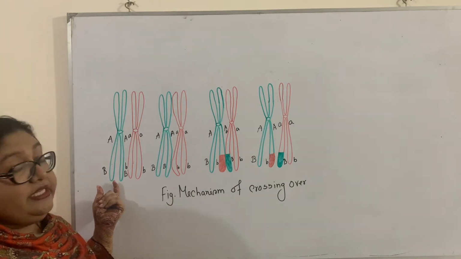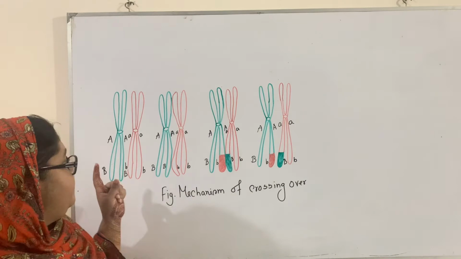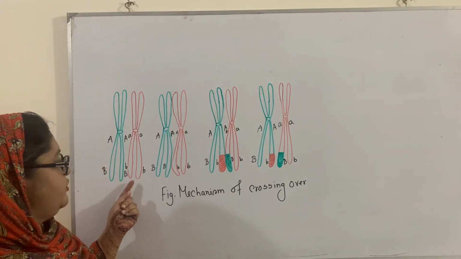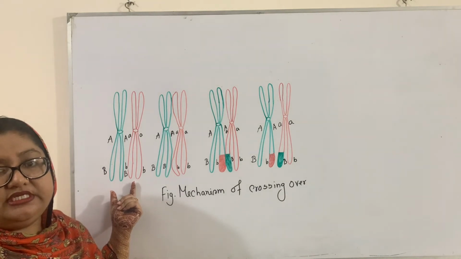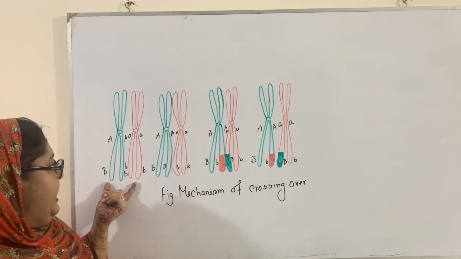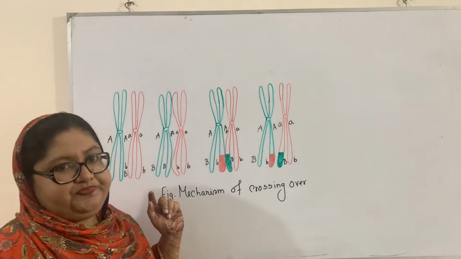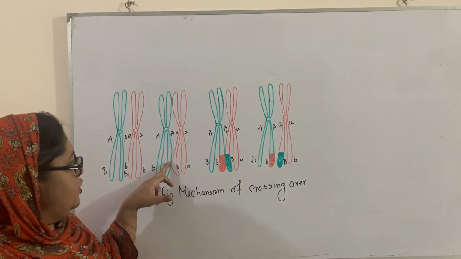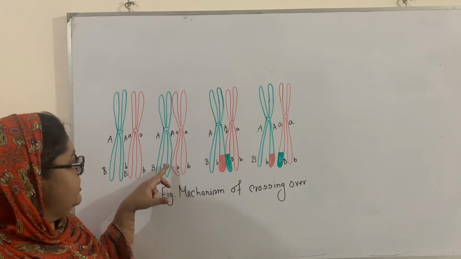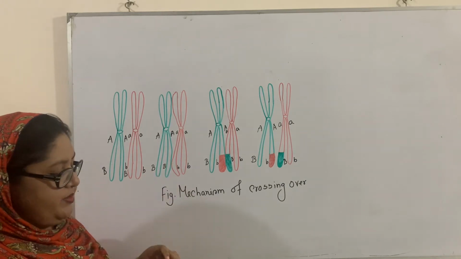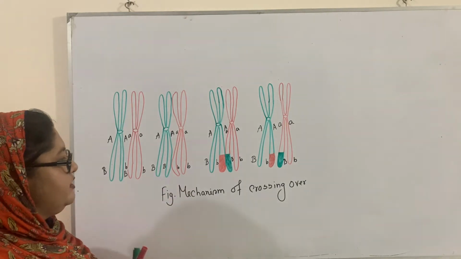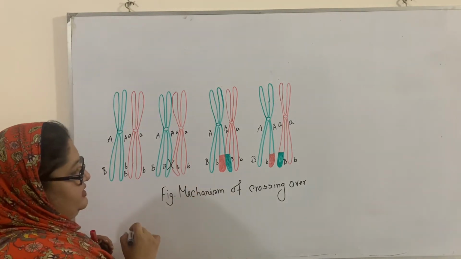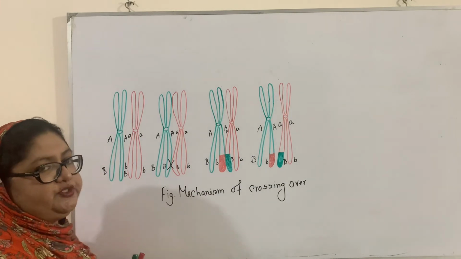In the pachytene stage, each chromosome divides and forms four chromatids in each bivalent, and these are known as a tetrad. At the end of this pachytene stage, between the non-sister chromatids, they form an X-like structure. This is known as chiasma.